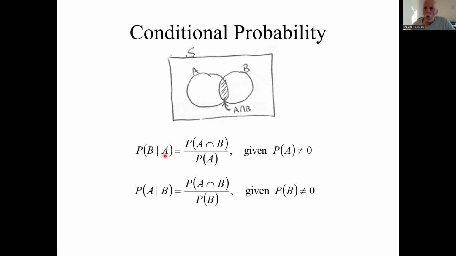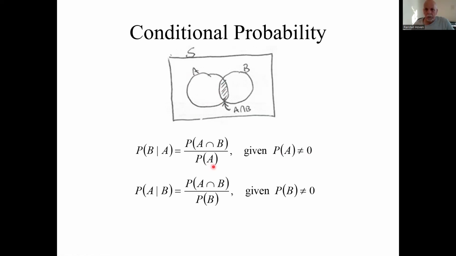But if you know it's in A, everything outside of A can't be an outcome. So it's like A becomes your new subset. So this probability is the area of this overlap divided by the area of the A circle.